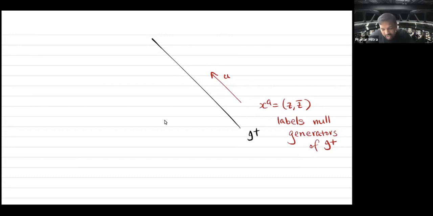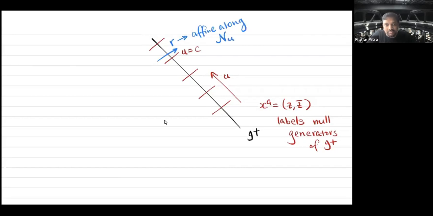What we do there is we look at a foliation of null slices, each of them labeled by U equal to some constant. And I'm going to define R to be the affine parameter along these null generators. So R will be the affine parameter along these null slices, which is different from Scri plus.